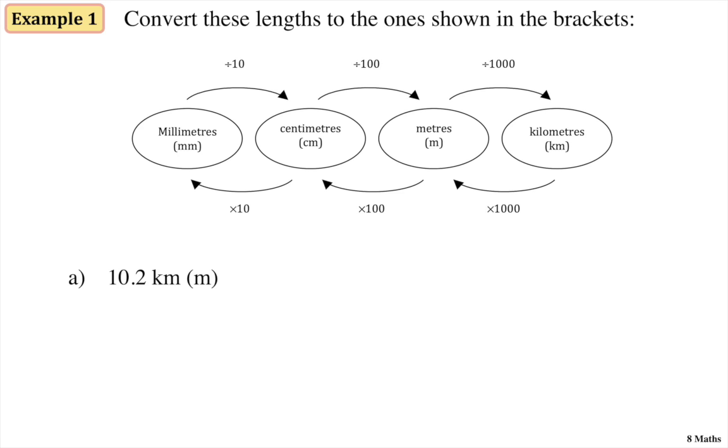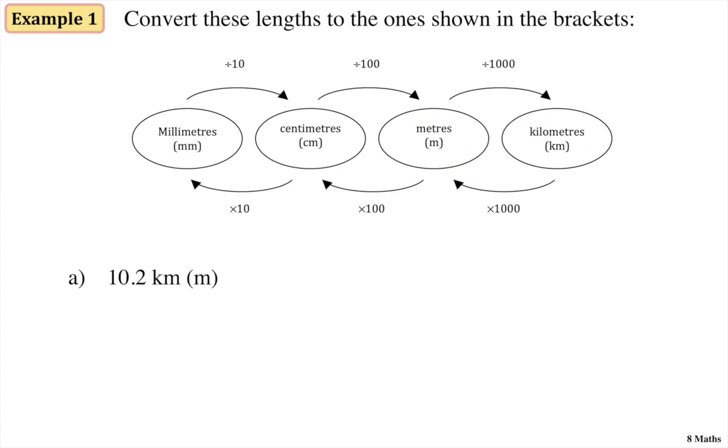So let's get into our first question, where we're going to do a conversion. The question says to convert 10.2 kilometers into meters. So we want to go from kilometers to meters. That's what we actually want to do.